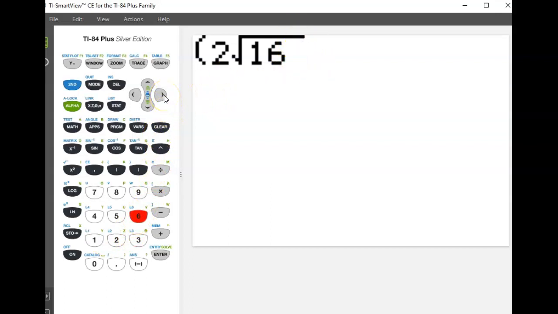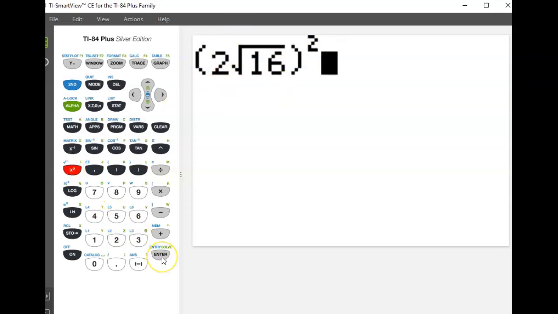So for my calculator, I have to hit the arrow key. Notice it's no longer underneath that bar. I'm going to close the parentheses. So I'm telling the calculator that I want to take this number, all of it, and I want to square it. And if I go ahead and hit enter, you'll see that you get 64. Okay, I can do the same thing with that radical 11.